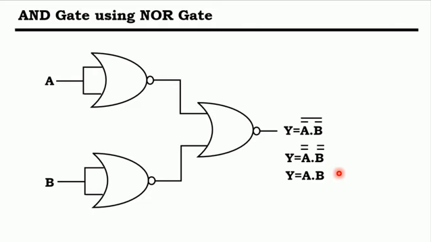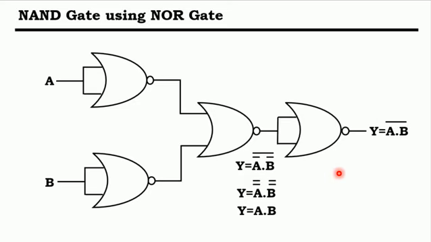After that we are using the NOR gate only to form a NAND gate, and the NAND gate can be formed like this, and this can be easily achieved, and by this we get the output equation y is equal to a dot b whole bar. So this is the basic process of the NAND gate using NOR gate.